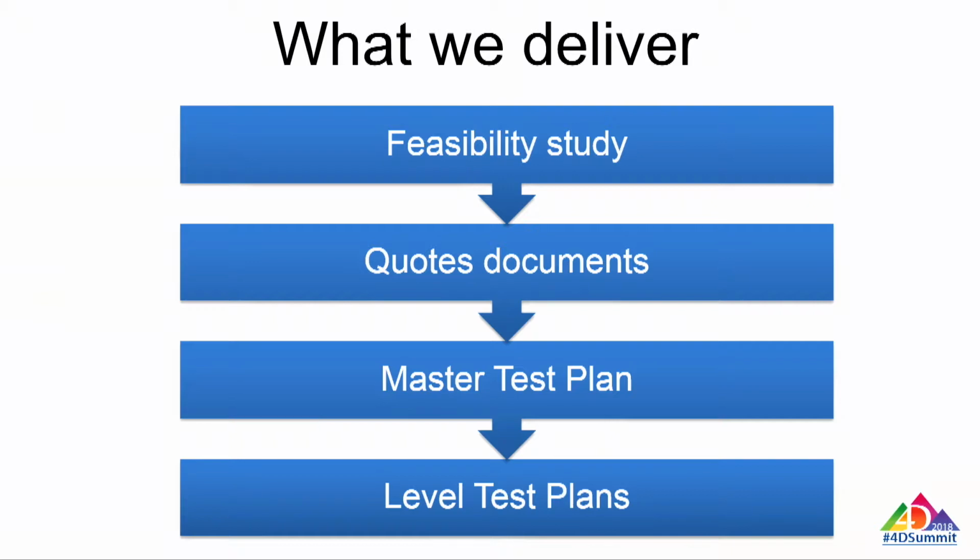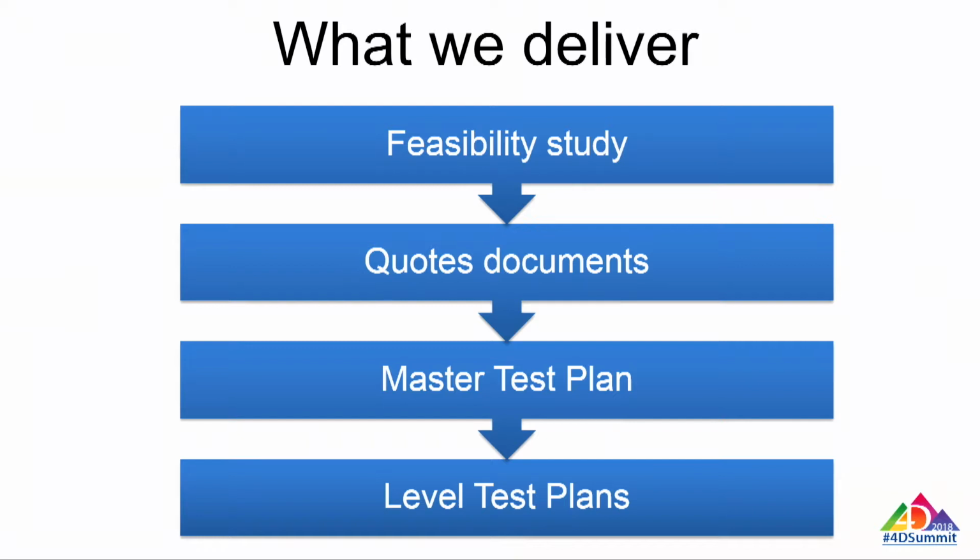So what we deliver: before starting to automate the tests, we will perform a feasibility study to be sure that those tests can be automated, and also to be sure that this will give you an added value in terms of the quality of your application. And at the end of this, we will give you a document to show you the results. Also, we will provide you with cost documents to give an idea about the project costs, and also the estimated workload.